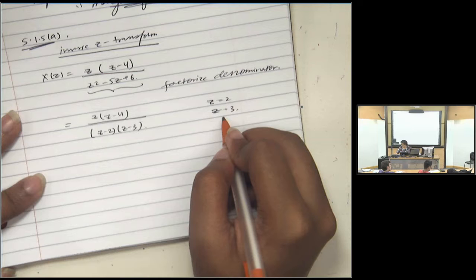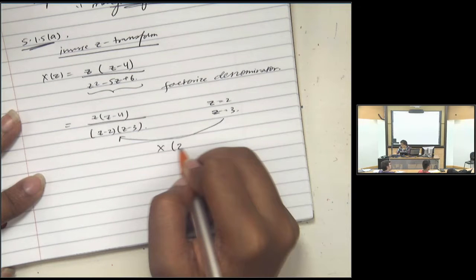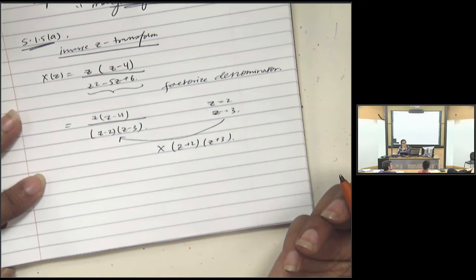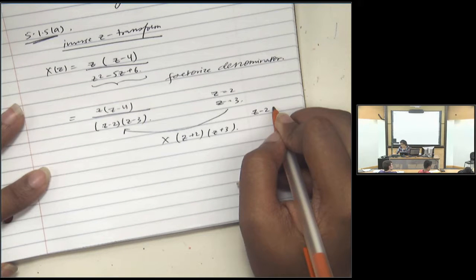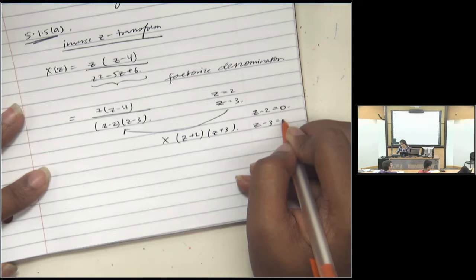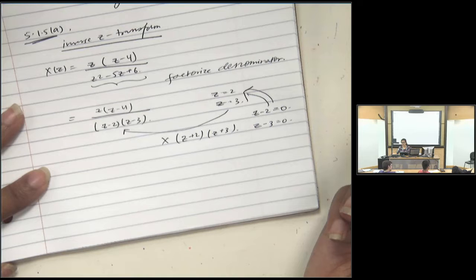This translates to Z minus 2, Z minus 3 and not Z plus 2, Z plus 3. So don't make this mistake. What this means is Z minus 2 is equated to 0 and Z minus 3 is equated to 0. That's how you get Z equal to 2 and Z equal to 3. Just remember that.